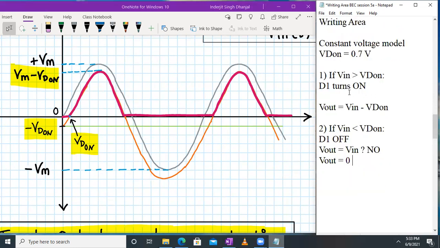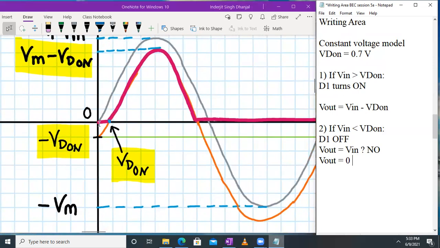If I substitute Vin equal to VD on in this equation, what will be my output? Output will be 0. Correct. So whenever Vin becomes less than VD on, my diode will be off and my output will be 0. Whenever Vin becomes equal to or less than VD on, my output will be 0.